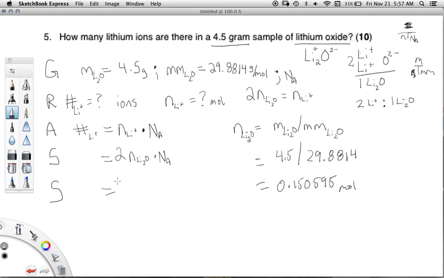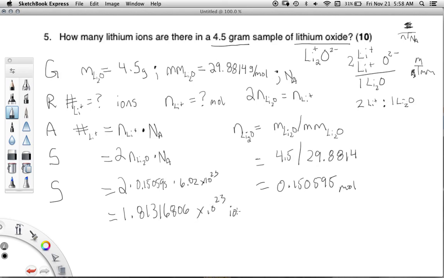After checking, I come over here, and I go 2 times, well, what is that? The moles of Li2O we found is right here, 0.150595, times 6.02 times 10 to the 23 would equal, and the number that I get is 1.13168606 times 10 to the 23.